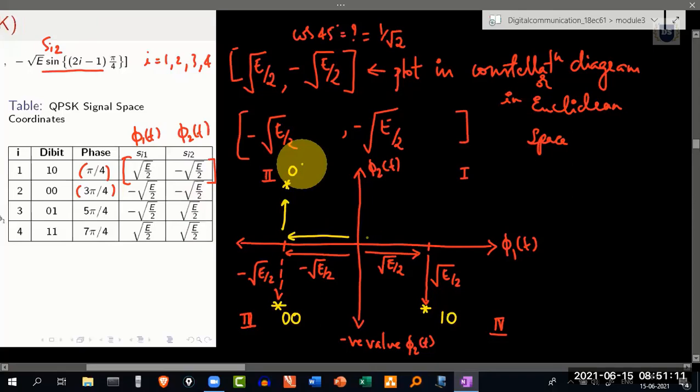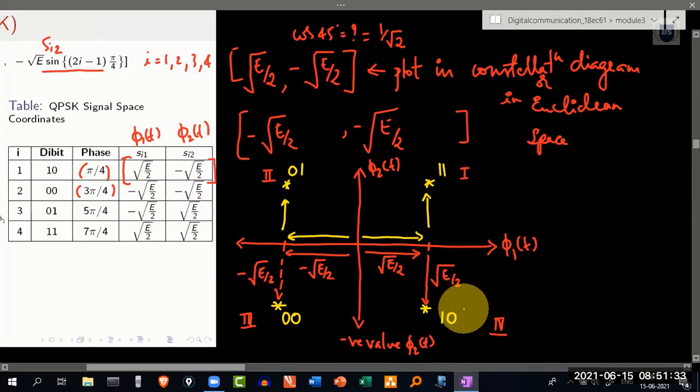And finally, for my fourth message point, I got to move a length of square root of E by 2 followed by square root of E by 2, both in the positive direction, such that I land on my final message point, which represents dibit 11.